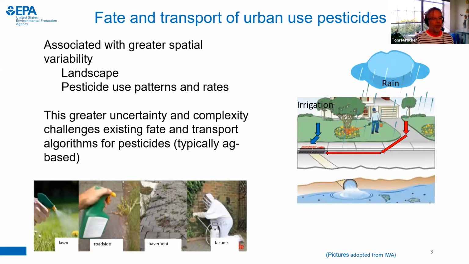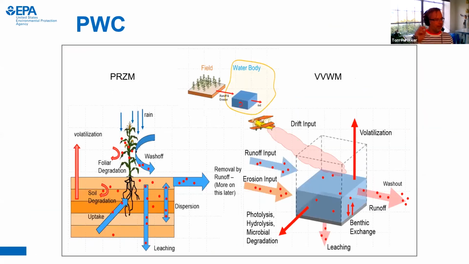There's a lot of preferential flow paths, which in urban environments obviously follow the built underground structure, the history of laying sewage pipes, that sort of thing, as opposed to the topography of the landscape. So it can't be just picked up from a three-dimensional model of the surface. You need more underground knowledge of what the system looks like in order to route things correctly. So fate and transport of urban-use pesticides is a little bit trickier game than the more traditional agricultural applications.